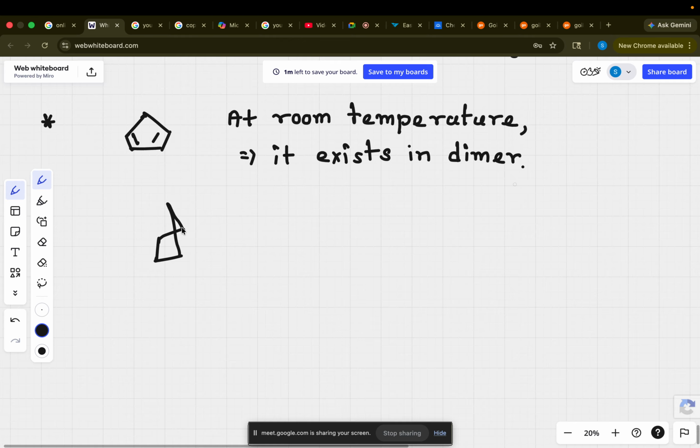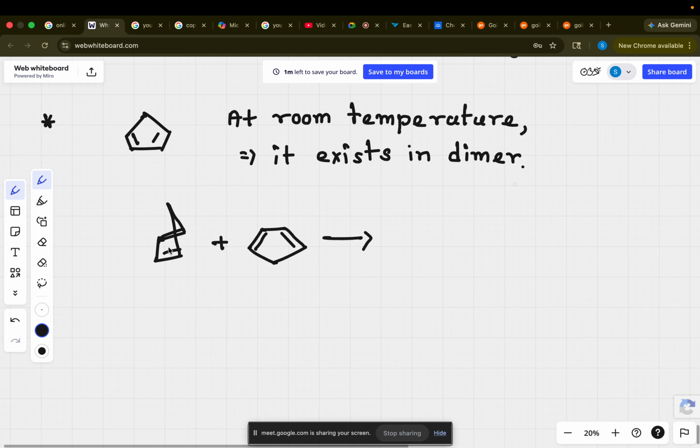cyclopentadiene, so I am drawing it like this. Same thing. A 5-membered ring, 1 2 3 4 5, with 2 pi bonds here. And another cyclopentadiene I am drawing like this. So what will happen now? A pericyclic reaction, the Diels-Alder reaction, will happen.